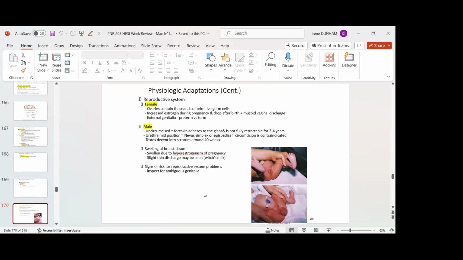Now, this is just about the baby's reproductive system. In the females, as we know, you're born with all the ova you're going to have, and babies can get increased estrogen during pregnancy. So sometimes these babies can have what we call a vaginal discharge.